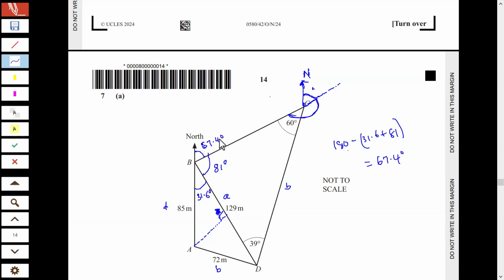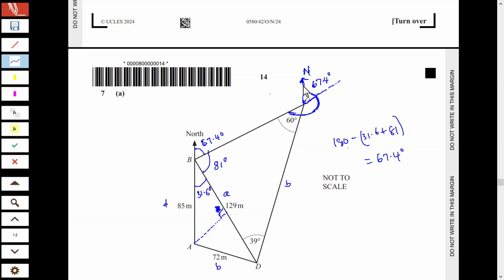Now, if this is 67.4, this angle will also be 67.4. Corresponding angles are equal. Okay, so the remaining part of this angle is 180 degrees.